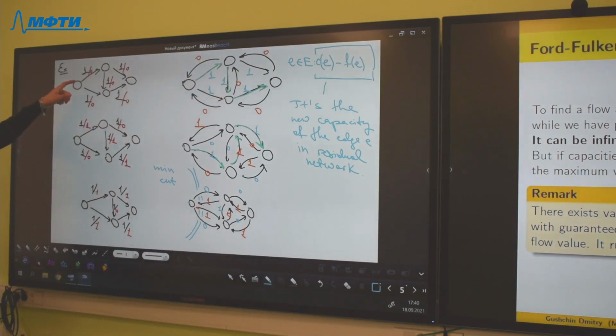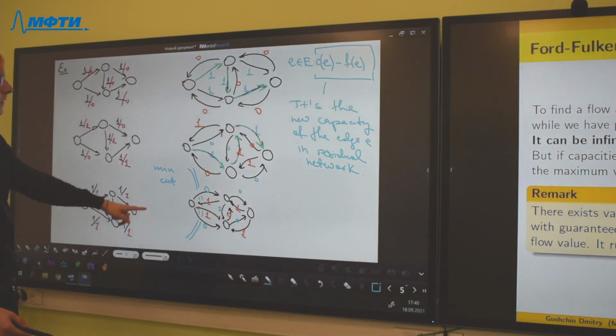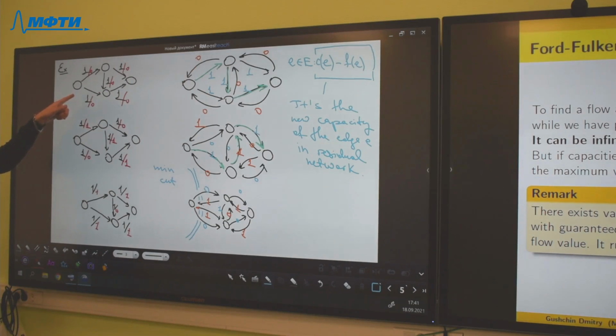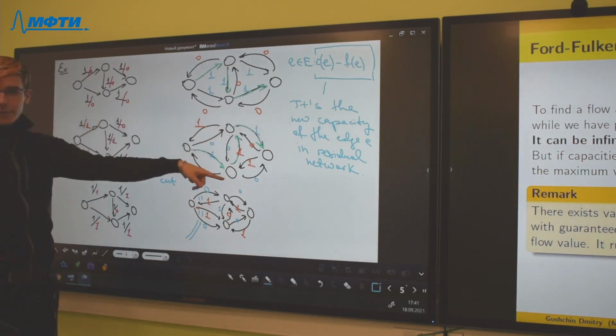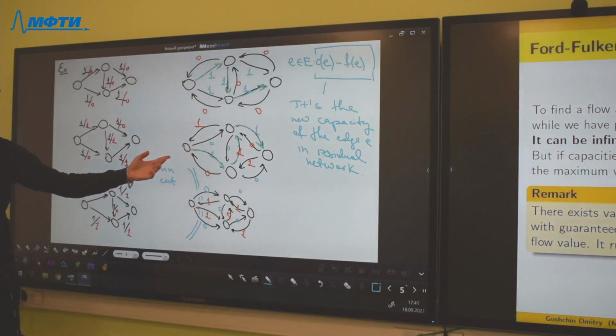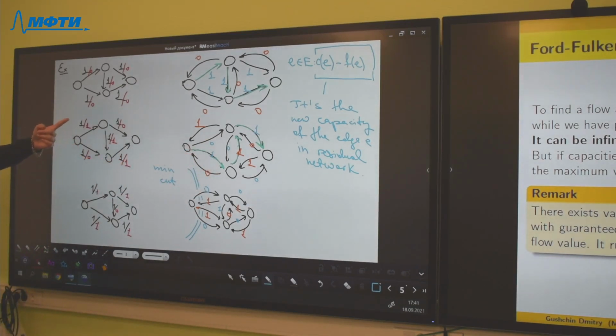So we see flow is equal to 0, so capacities of the edges equal capacities in this network. But on the second step, we have non-zero flow, and for example, the edge that connects these two vertices will be equal to 0, because it is the difference between capacity and flow. Understandable?